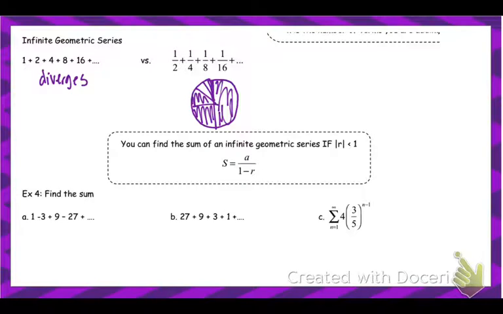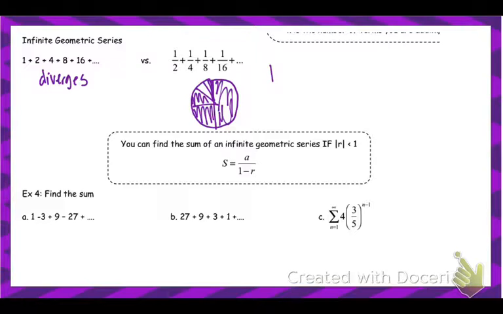As I keep adding those little pieces of that puzzle, it's getting closer and closer and closer to one whole circle. So even though we're adding an infinite number of terms here, we're still able to find the sum. Now, again, as this goes towards infinity, it's going to get closer and closer and closer to that value. It's going to converge towards 1.